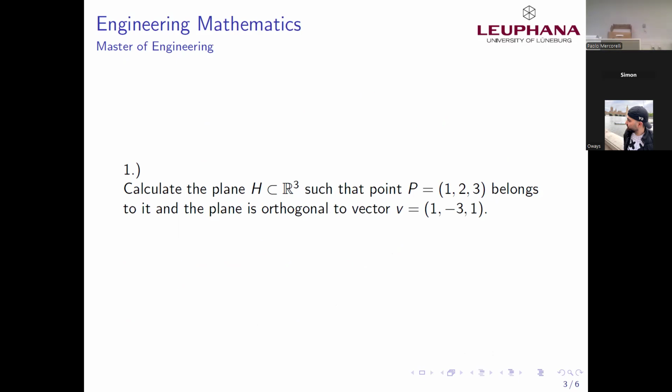Calculate the plane or the hyperplane, but until dimension 3, we speak about plane, such that the point P equals (1, 2, 3) belongs to the plane, and the plane is orthogonal to the vector V equals (1, 3, -1). Intuitively, look at this also at home. Look at this.